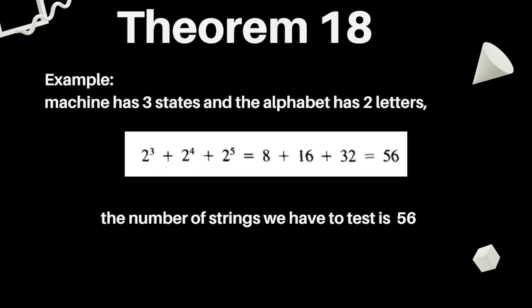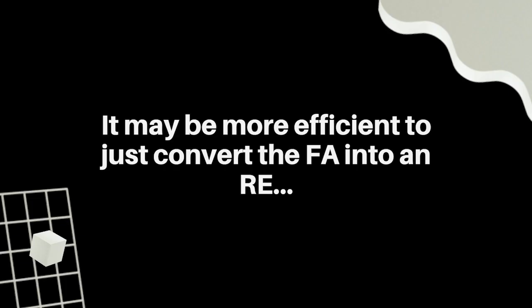It is often considered that converting an FA to a regular expression is more efficient. However, suppose that an FA is an actual physical machine that is sitting in front of us. We may not know its exact structure inside, or it may be extremely complicated.